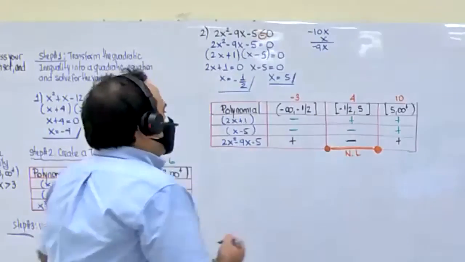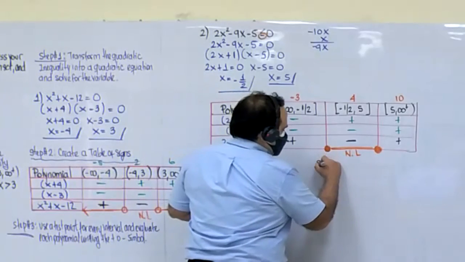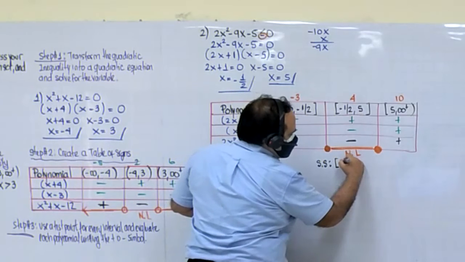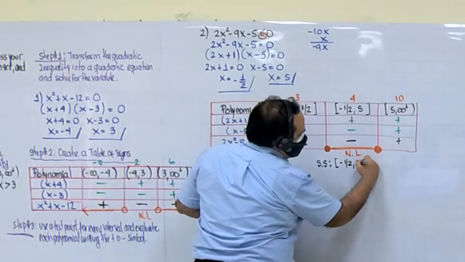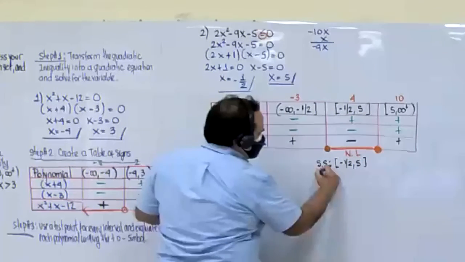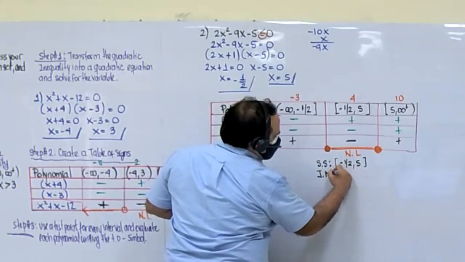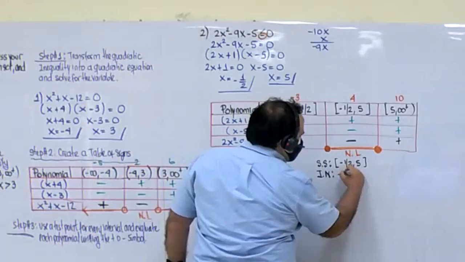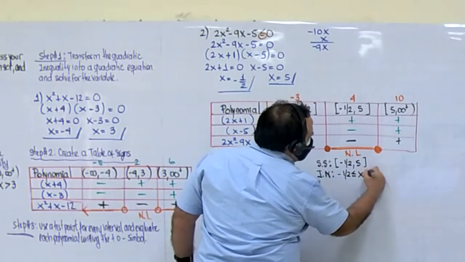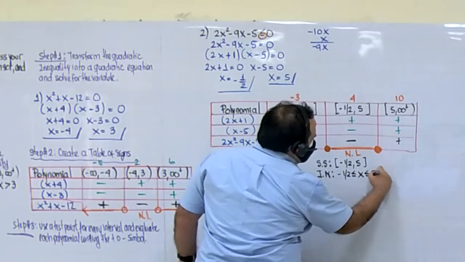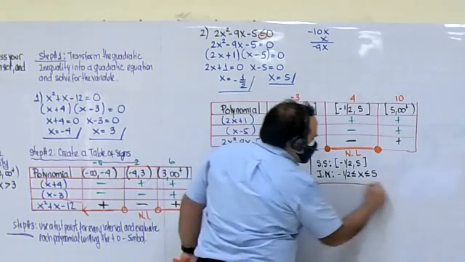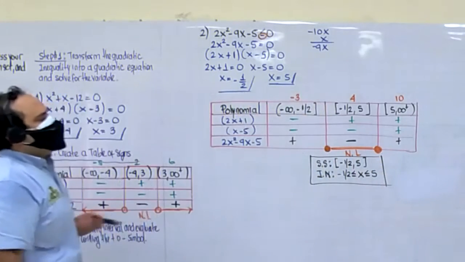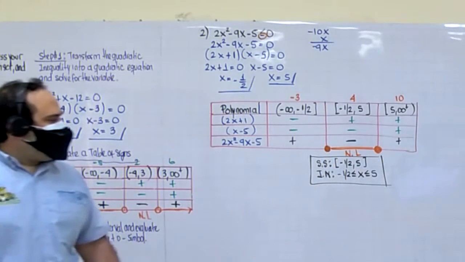Where is the solution set going to be located? The solution set will be located in this bracket, negative 1/2 with 5. And the interval notation will be given by these two values. I mean, between negative 1/2 less than or equal to x less than or equal to 5. And that's it. That's all that we have to do in this problem.